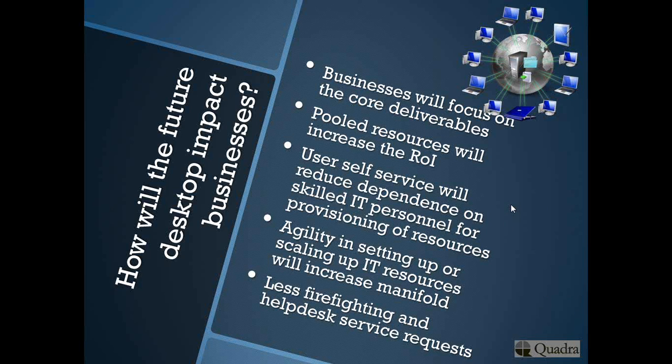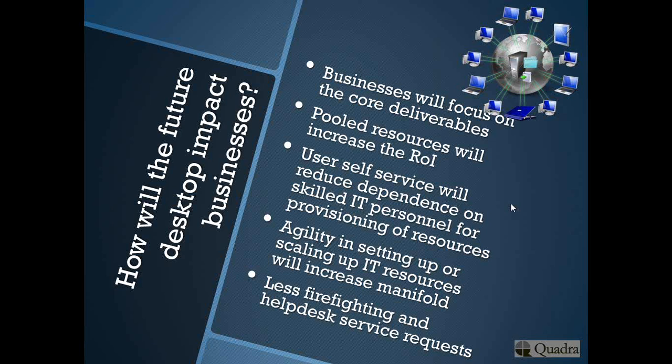Again, user self-service will reduce dependence on skilled IT personnel for provisioning of resources. For example, if a new project is coming in and there is a requirement of say 25 desktops for that project, the project manager need not go to the IT, the system administrator or the CIO and request more resources, asking them to provide 25 desktops and all the resources connected to it.